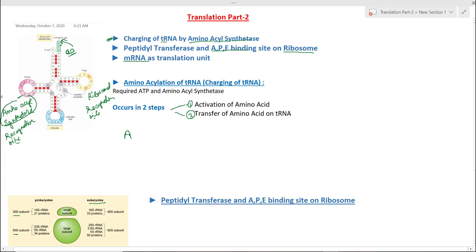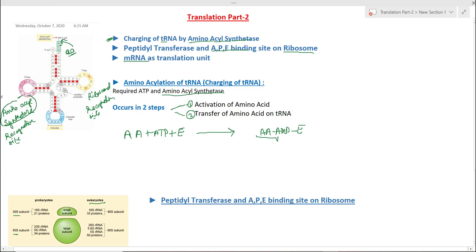The amino acid with ATP reacts with the enzyme, and which enzyme is it? It is amino acid synthetase. I am taking it as E, the amino acid synthetase enzyme, reacting with the enzyme and forming the amino acid adenylate AMP enzyme complex.